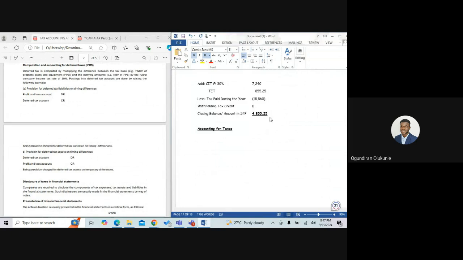The first one is that you debit the profit or loss account and then credit the tax account with the current income tax for the year.